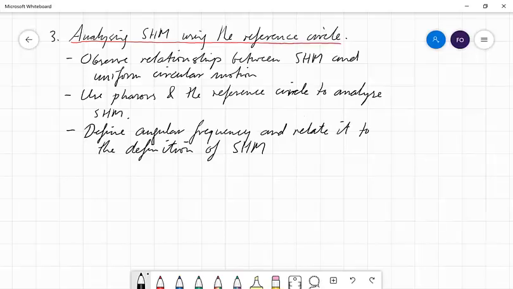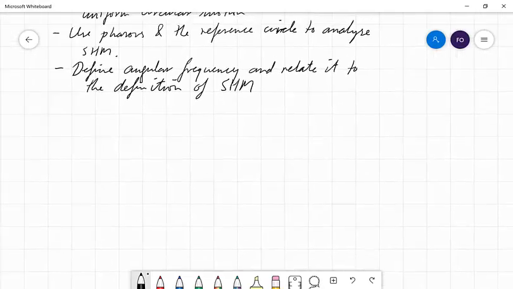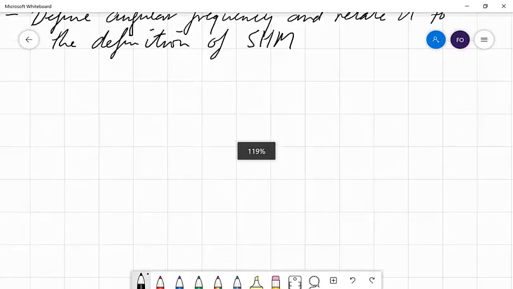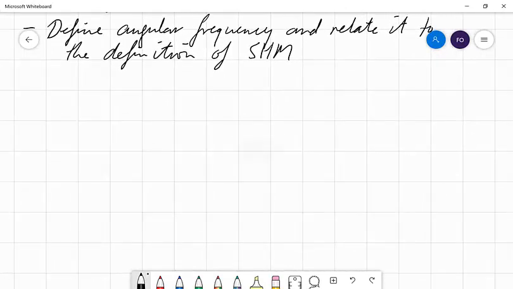Okay, so we'll start off by just sketching that relationship out. So I'm going to zoom in a bit more, and I'm going to draw myself a reference circle here. I didn't like that circle. Let me try that again.